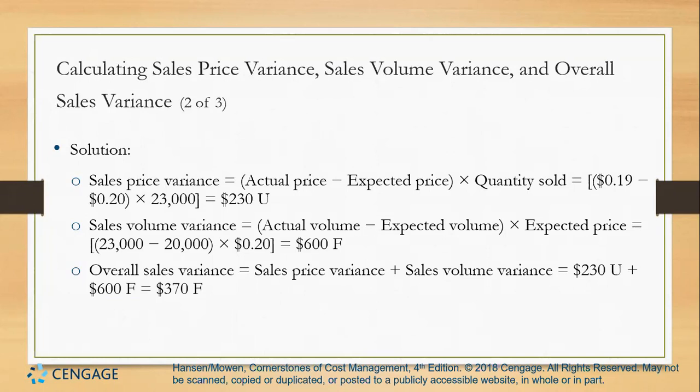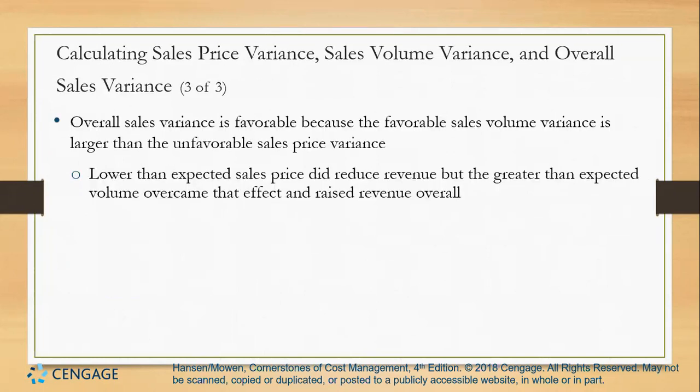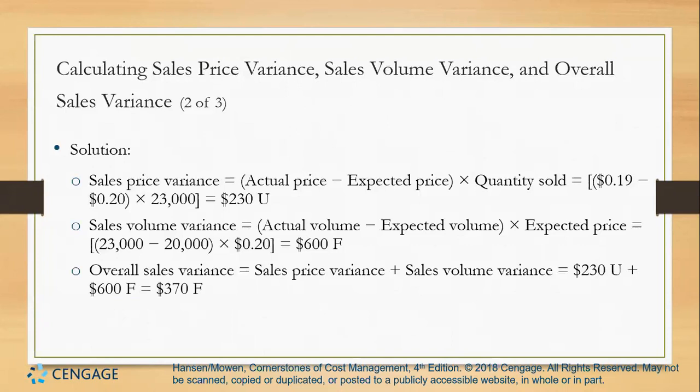So we now have the sales price variance, the actual price minus the expected price times the quantity sold. So 0.19 minus 0.20 times 23,000. It's unfavorable because your expected price of 20 is higher, because the actual price is 0.19 only.